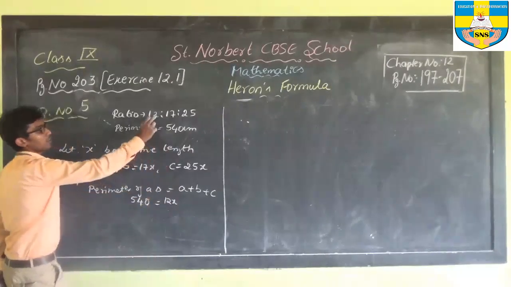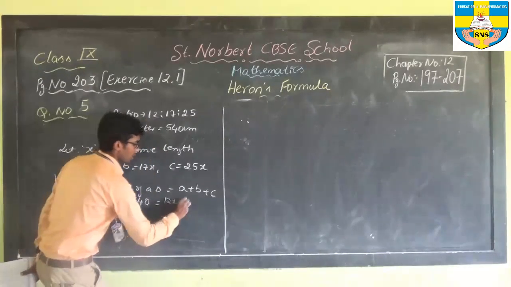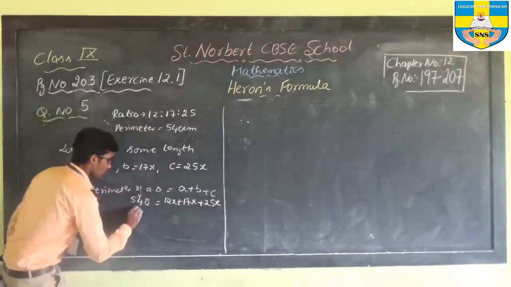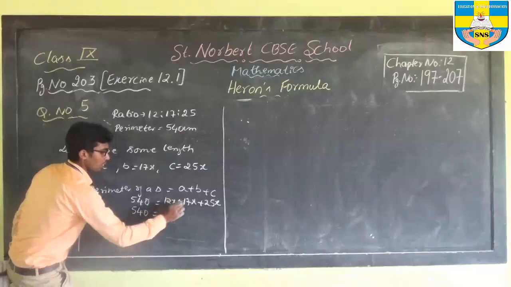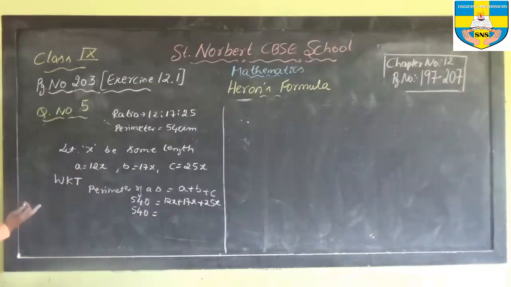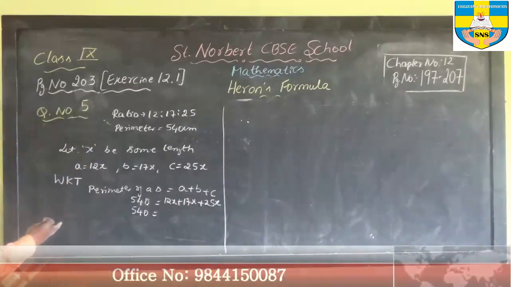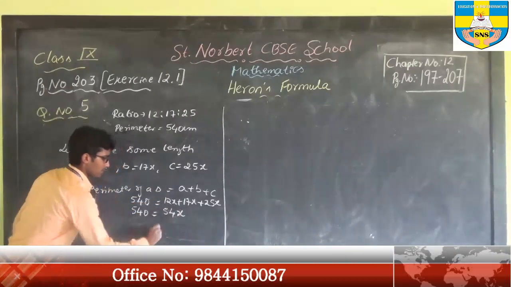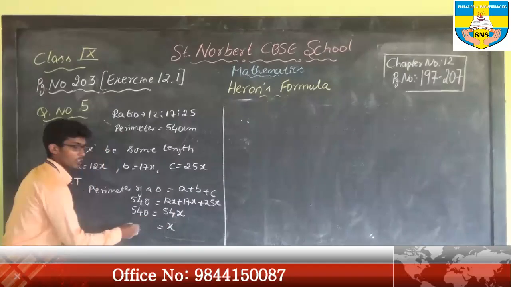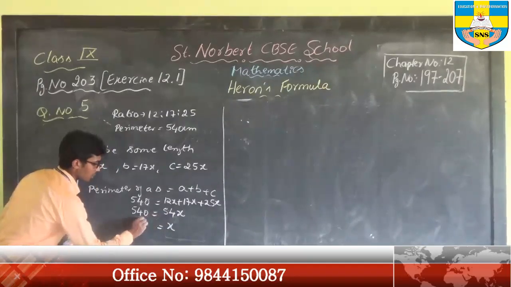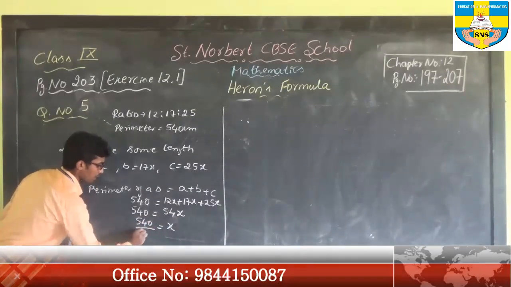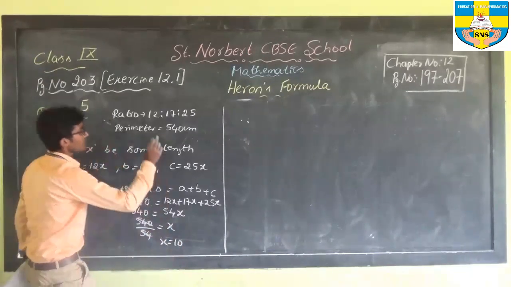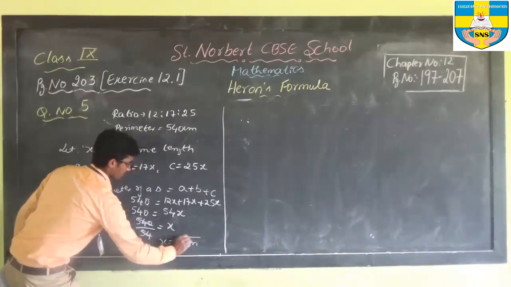Since it is given in the form of ratio, we take 12x, 17x, 25x. 540 is equal to, add everything, so it will be 54x. Then cross multiply: 540 divided by 54, so the value of x is 10.